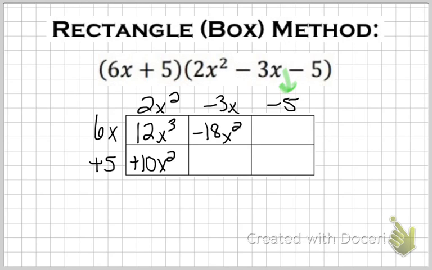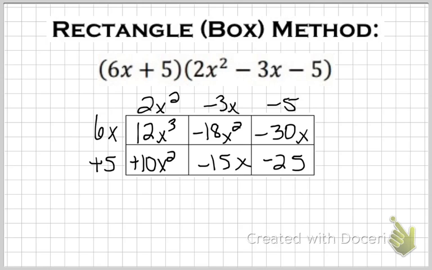Then I'm going to do this one, negative 5 times 6x, negative 30x. 5 times negative 3 would give us a negative 15x. And lastly, we have negative 5 times 5, which would give us a negative 25.